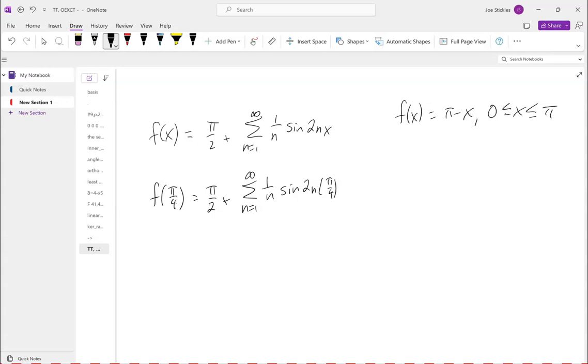If that series is supposed to represent that function, then those values should be equal to each other. So if I plug pi over 4 into the function, that should be the same as plugging pi over 4 into the series. What do I get when I plug pi over 4 into the function? What number do I get out? 3 pi over 4, right?